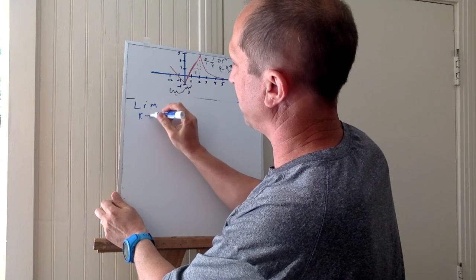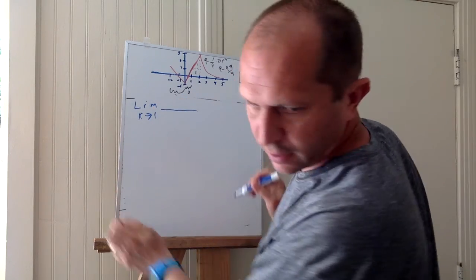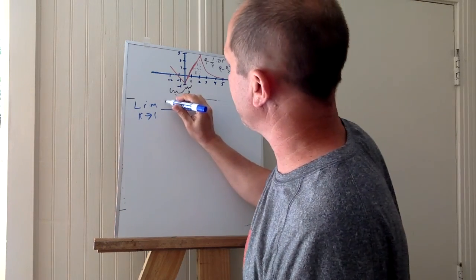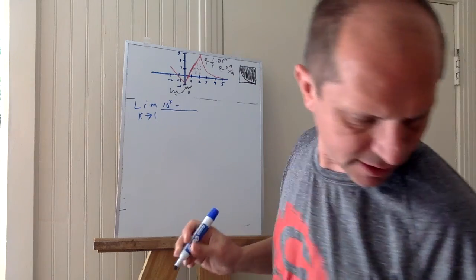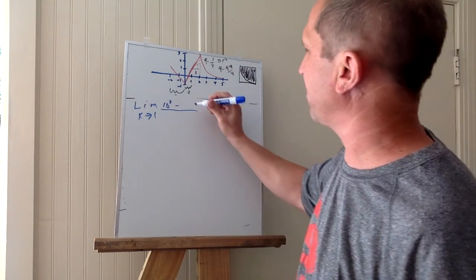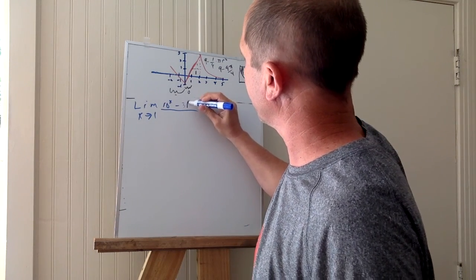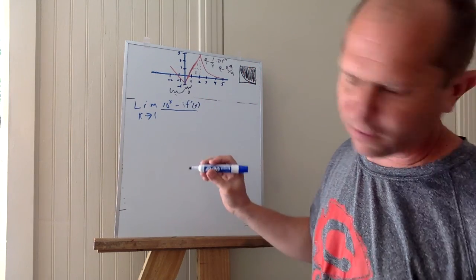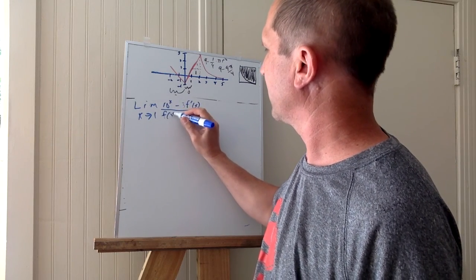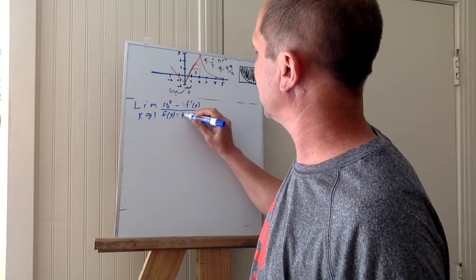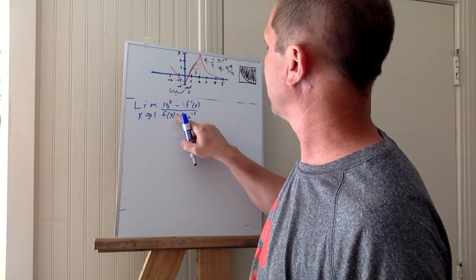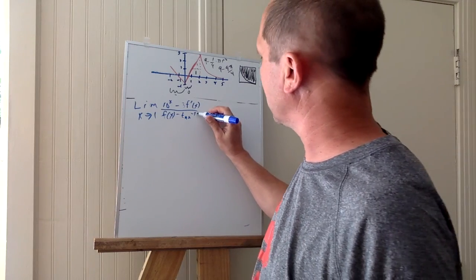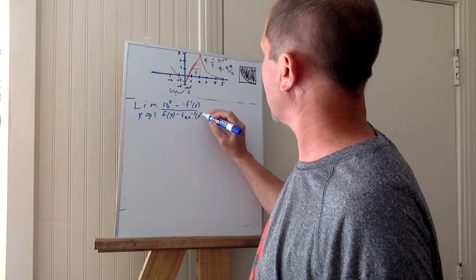as x approaches 1 of 10 to the x minus 3 times f prime of x, and then that's all over f of x minus the tangent inverse of x.